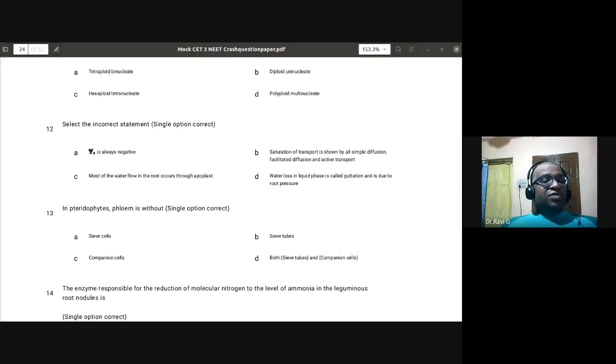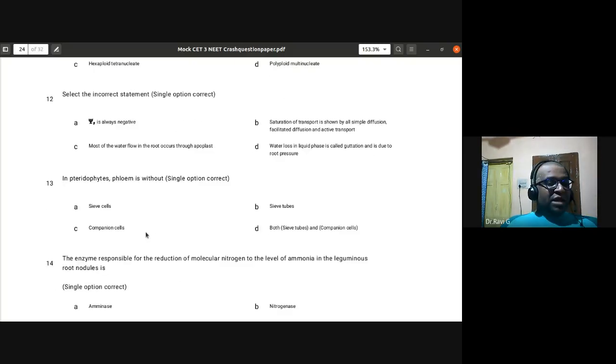Hence, the statement that saturation of transport is shown by all simple diffusion, facilitated diffusion, and active transport is incorrect. So that is the reason it's an incorrect statement.